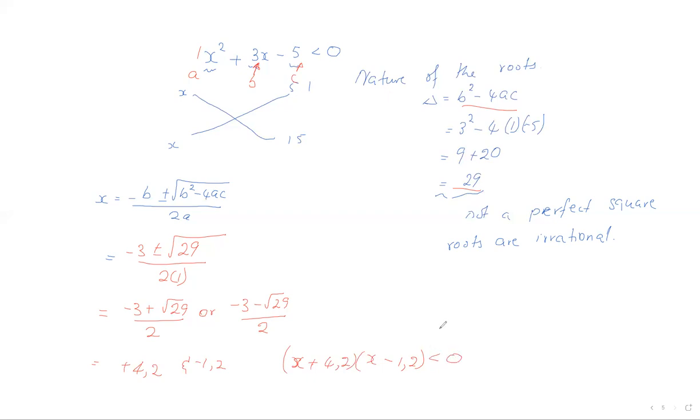Now, the negative was supposed to have been here. Negative that. And the positive is supposed to be there. This one and that. So that's what you have. Now, this forms the critical points. These are your critical points where x is those two irrational roots.